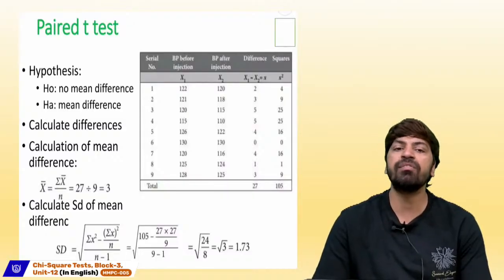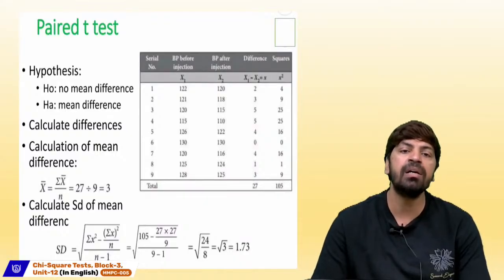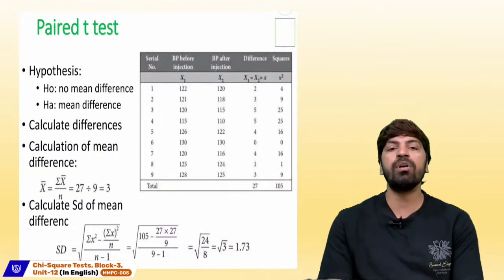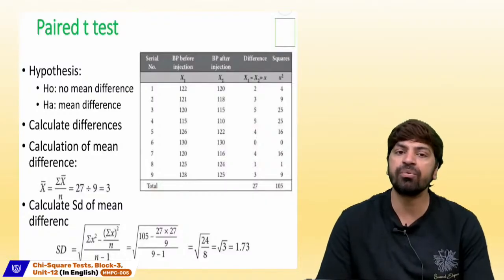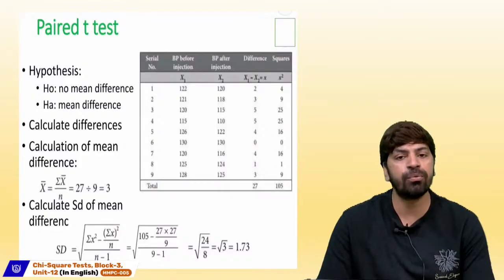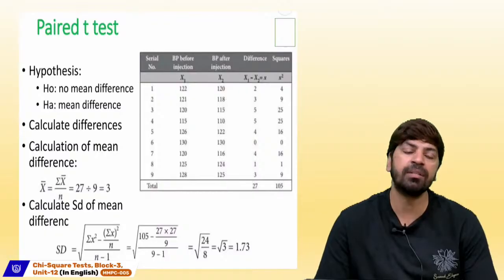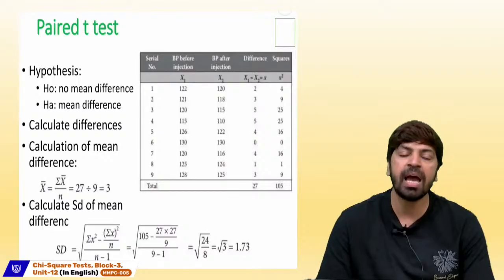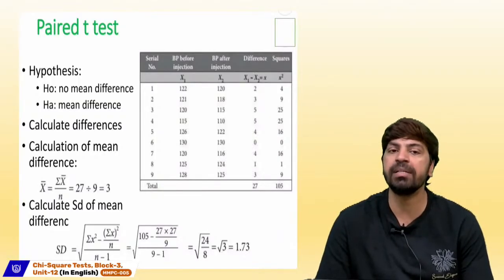So 105 minus 27 times 27 divided by 9, over 9 minus 1, which is the square root of 24 by 8, equal to root 3, that is 1.73. So the mean difference is 3 and the standard deviation of the mean difference is 1.73.